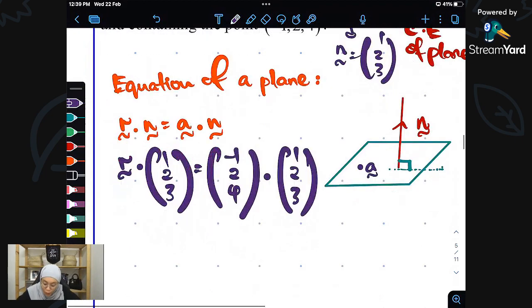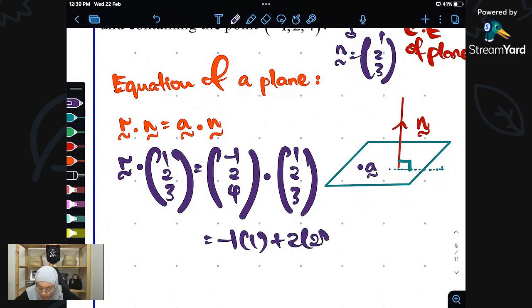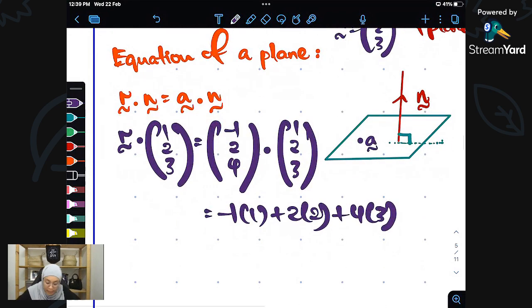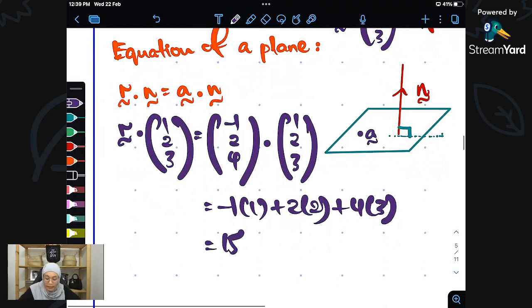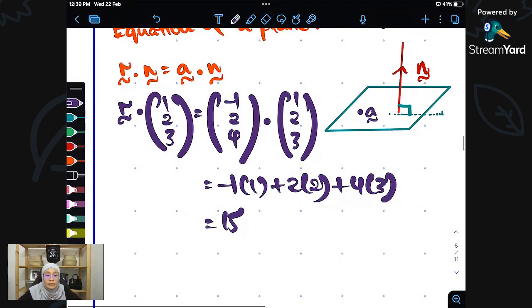And so what do you get here on the right hand side? Negative 1 darab 1, negative 1, tambahkan 2 darab 2 dapat 4, tambahkan 4 darab dengan 3 adalah 12. So you calculate it, you will get 15. Tapi kita tak nak tulis jawapan kita begini saja. Kita mesti tulis dalam bentuk vector equation.